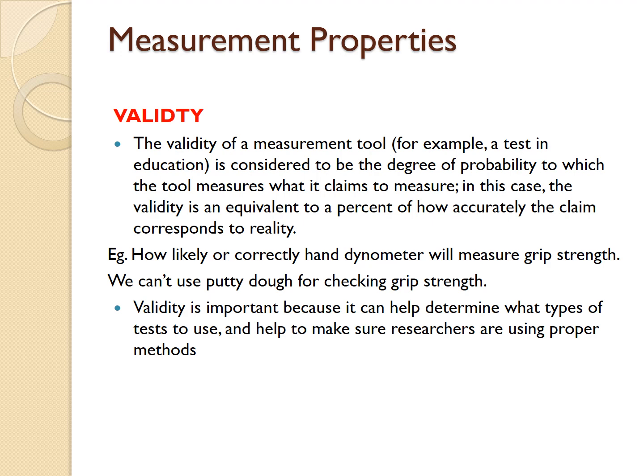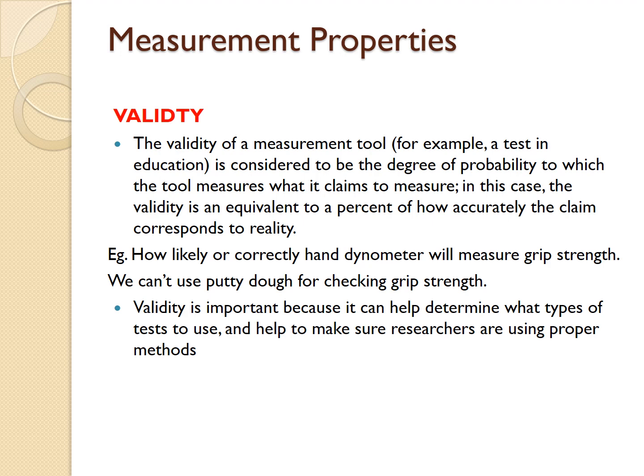So for example, how likely the hand dynamometer will measure the grip strength. As we know, hand dynamometer is reliable and valid. It has equal spacing from 1 pound to 2 pound, 2 pound to 3, and so on. So from 5 pound to 10 pounds, there's equal spacing. So that's where it predicts accurately what the grip strength is.